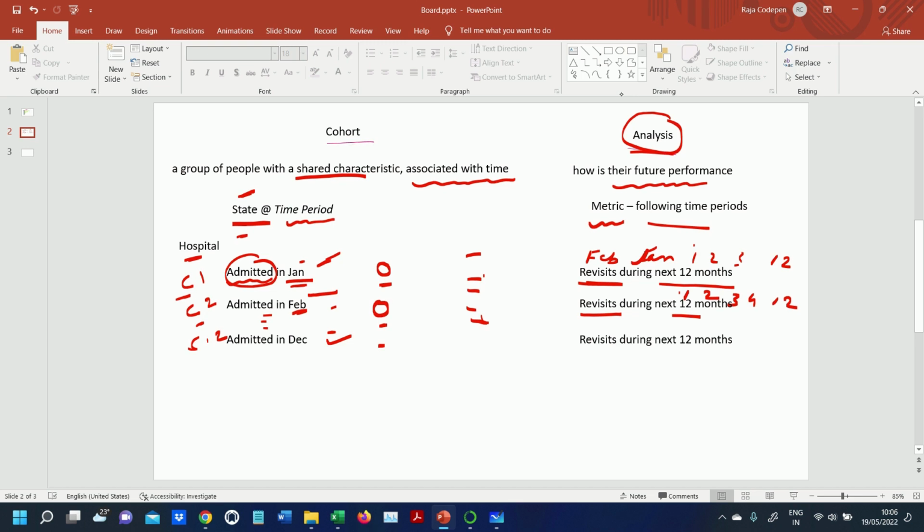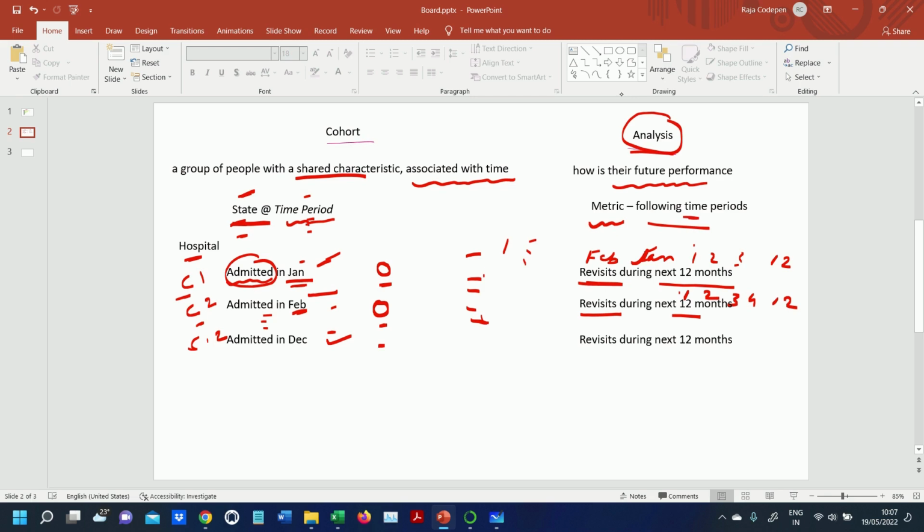So the metric is one to many. In one cohort analysis, you can make many measurements, and in a number of ways you can do the performance measurements. In one analysis, you group the people by a specific state across time periods.